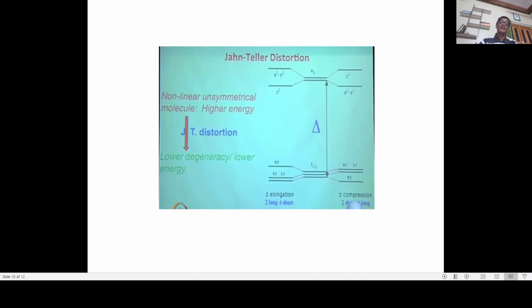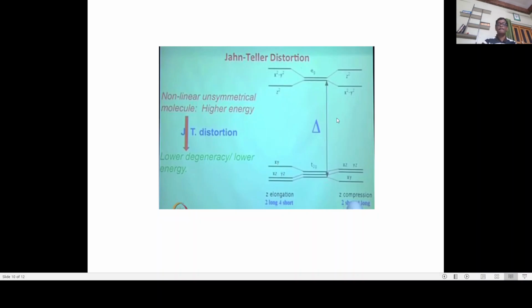And if we find Jahn-Teller distortion, in the Z elongation, the dz square will be lowered, then dotted like this, and the T2G will be dxz, dyz.